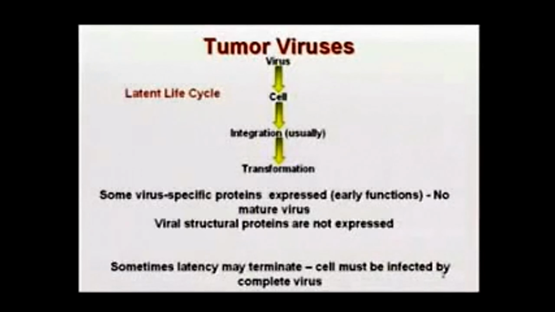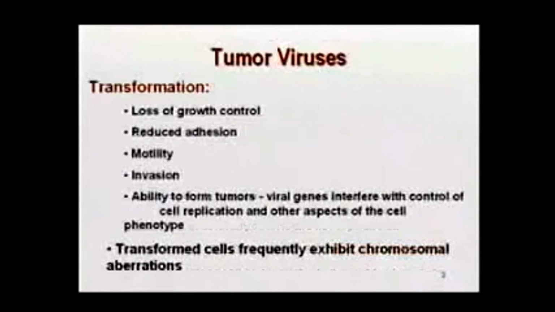So during transformation, you're not making any viruses, and therefore the structural proteins of the virus are not expressed, but many of the early functions are. These change the properties of the host cell to transform it. Very often, since these are proteins that change the nucleic acid metabolism of the cell, what you see is loss of growth control.